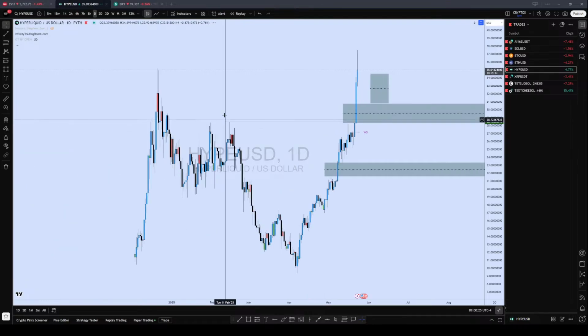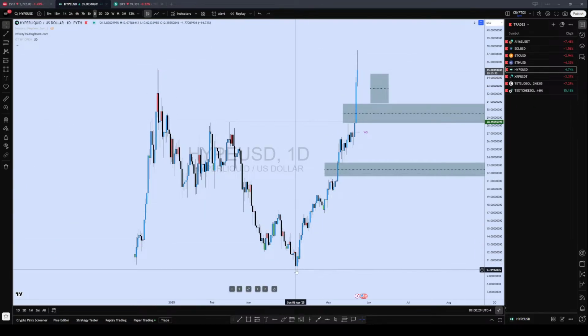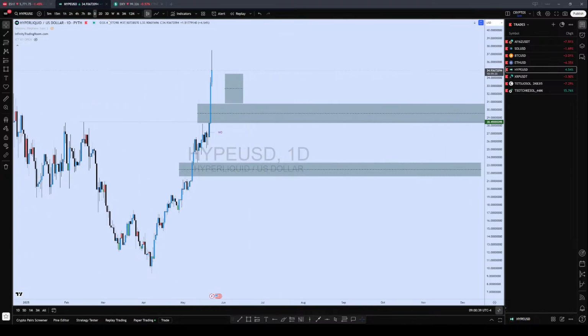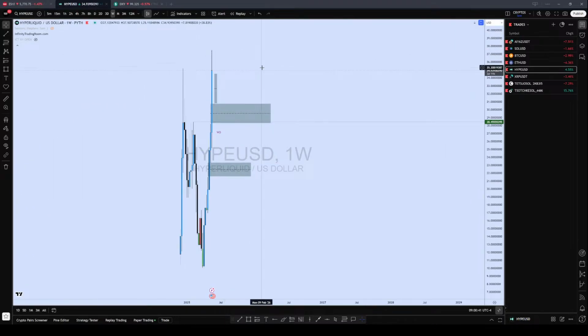Hype has also made a new all-time high. Amazing. A month ago, it was like, where the heck are we going? Now we are at an all-time high. So again, the week is very important. I think this one is leading in terms of strength.